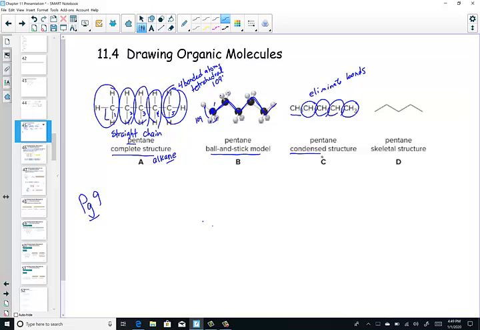So a condensed structure allows us to put the hydrogen directly connected to the carbon. And then we see what's called a skeletal structure, in which we just simply show the carbon in a backbone zigzag format. So these are the types of structures we're going to practice in this section one at a time.